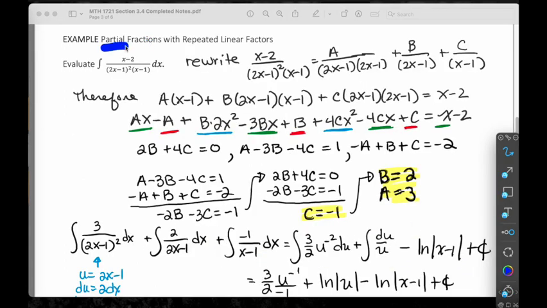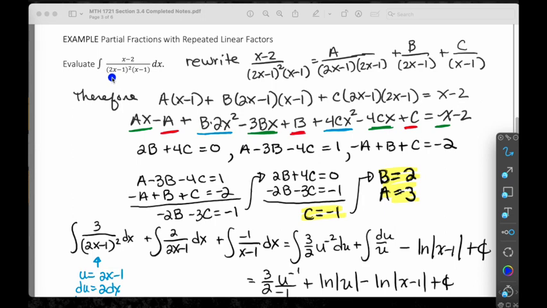So here is an example of where we're going to use the method of partial fractions where we have repeated linear factors. So we're going to evaluate this integral of x minus 2 over (2x - 1) squared times (x - 1). First thing I notice is I don't need to use long division to start off with because the degree of the numerator is smaller than the degree of the denominator.